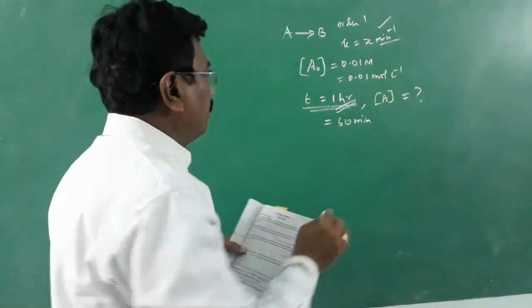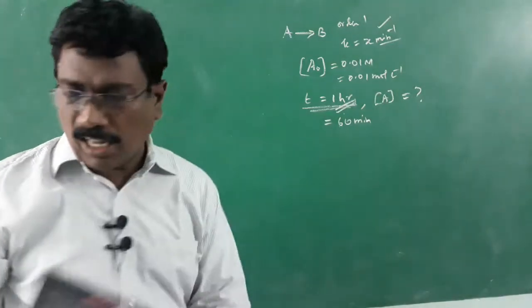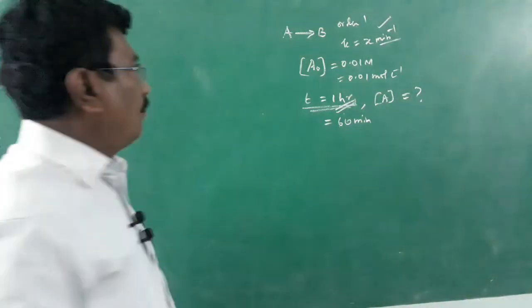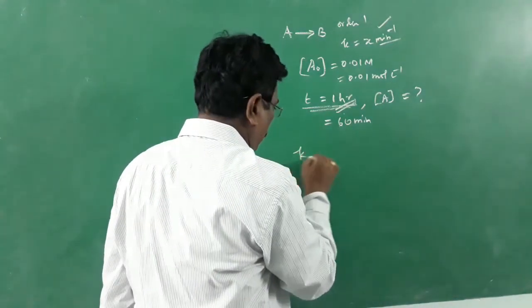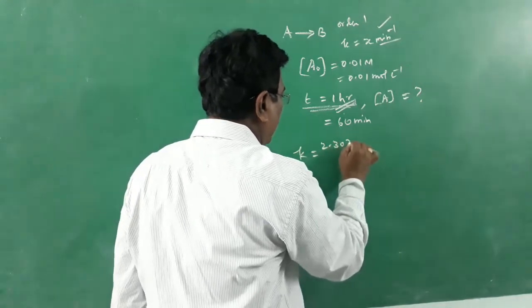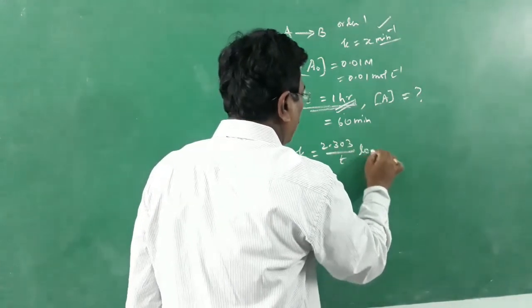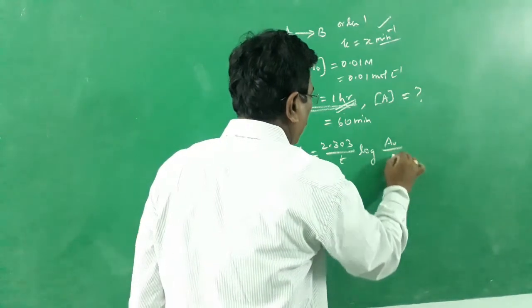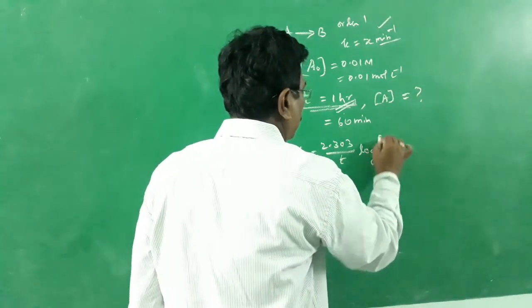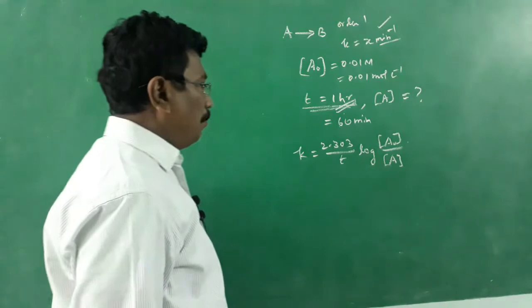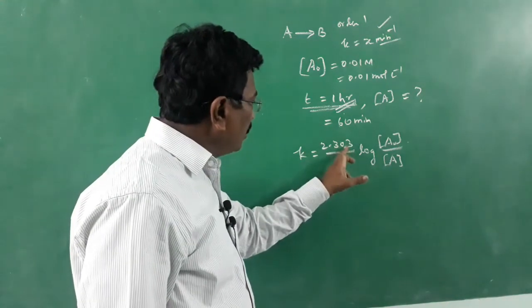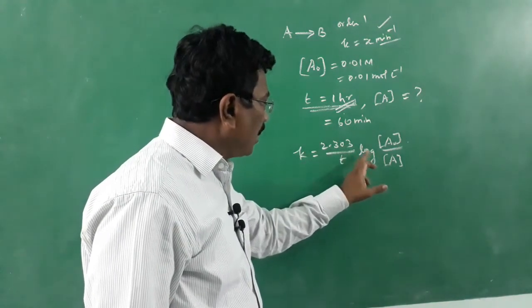The asked thing is what is A. So let us use the expression for a first order reaction. K is equal to 2.303 by t log A naught by A. But this 2.303 expression is introduced only for common logarithm.